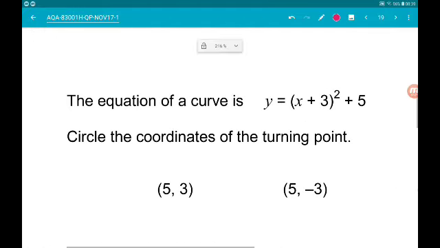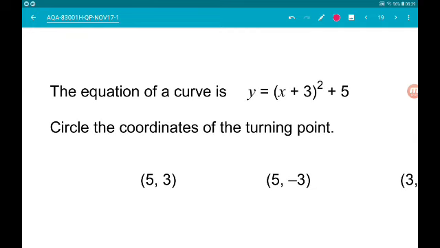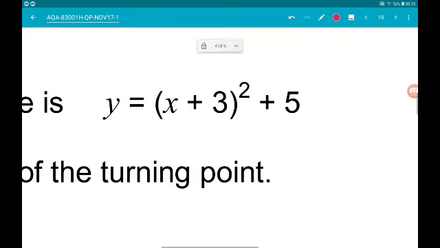Okay, 23 says the equation of a curve is y equals (x add 3) squared add 5. Circle the coordinates of the turning point. So this is completed square form.